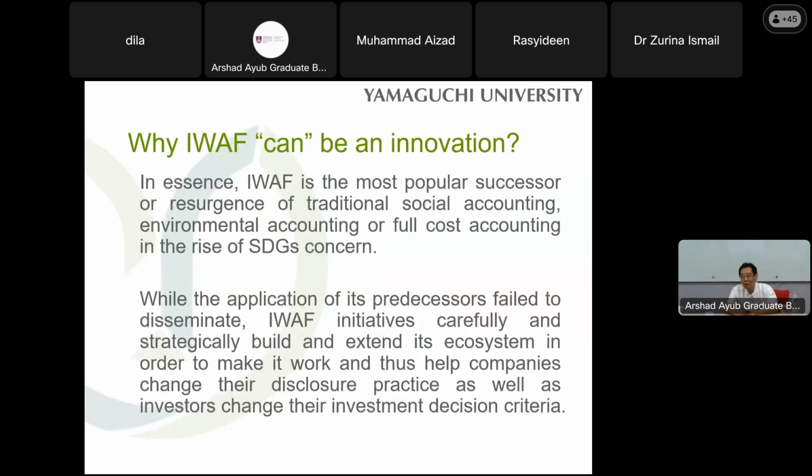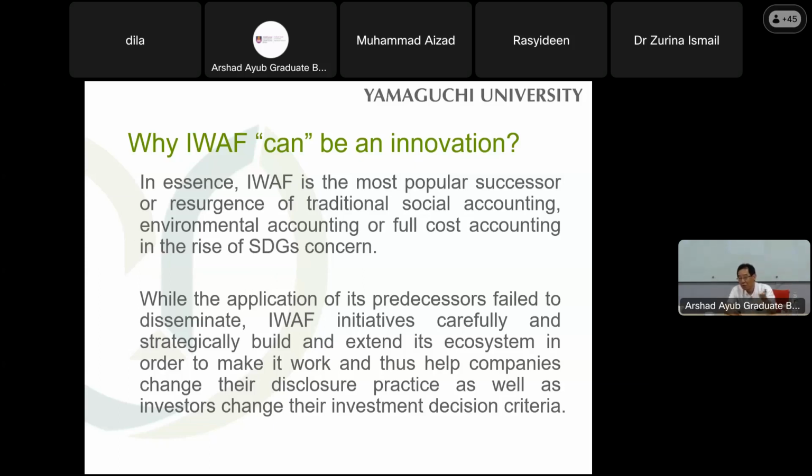SMA covers almost the same in terms of the impact, but the sharp difference is the number of stakeholders involved. IWAF has more stakeholders.